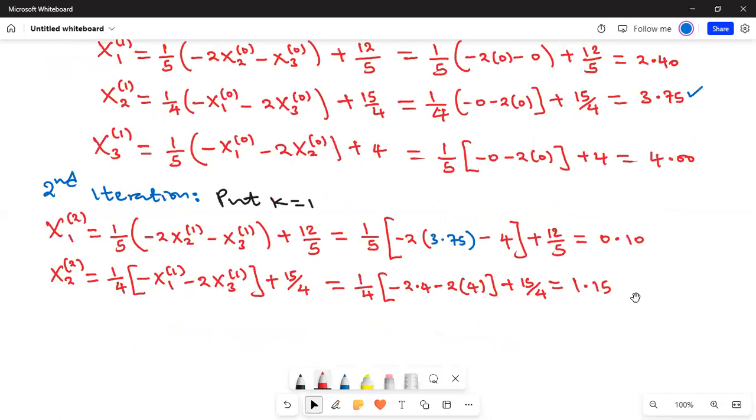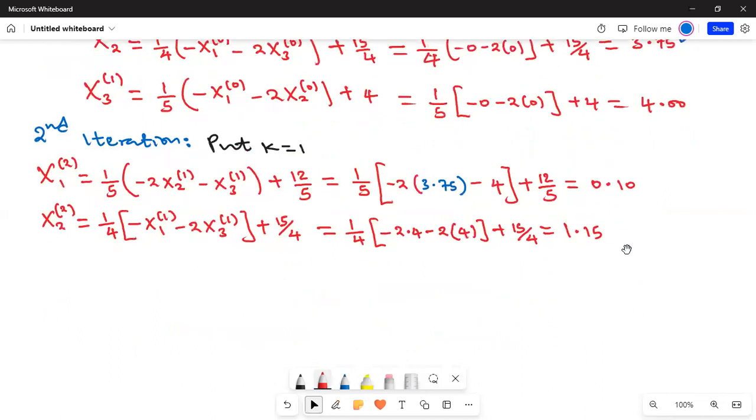Third equation, x3 at level 2 is 1 over 5 negative x1 at level 1, 2x2 at level 1 plus 4.